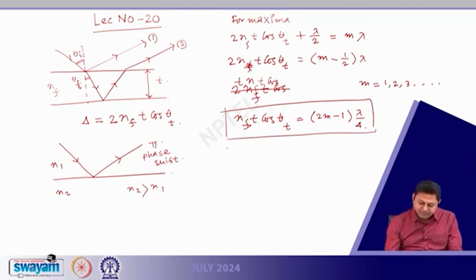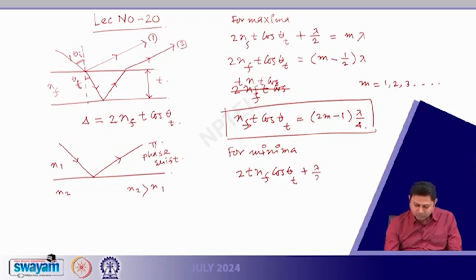For minima, we have 2 t nf cos theta t, that is the path difference, plus lambda by 2 equal to m plus half lambda. So this lambda by 2 will cancel out.